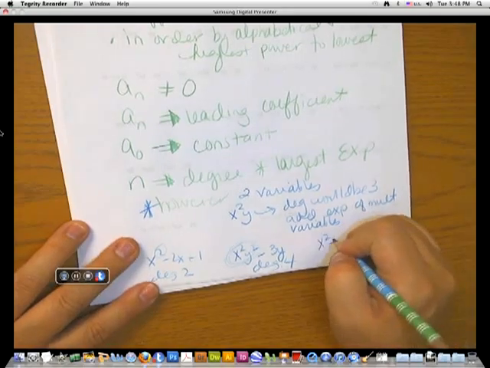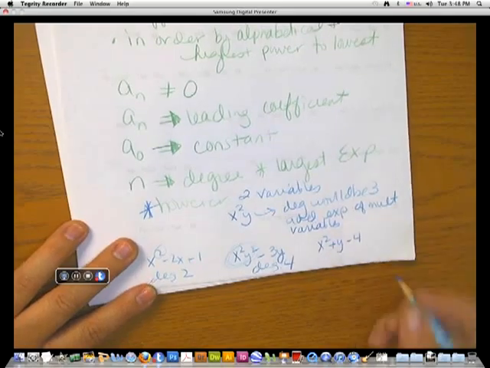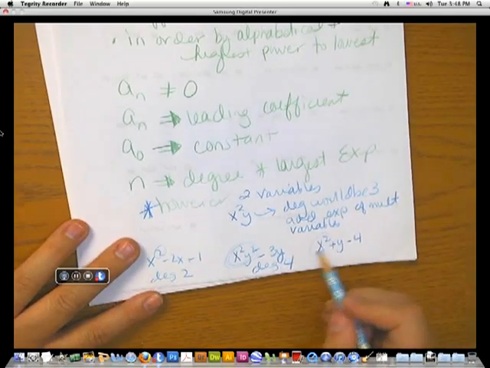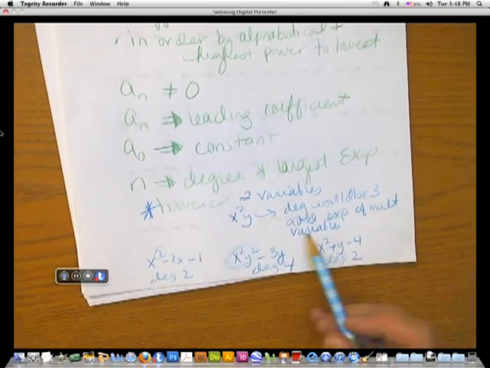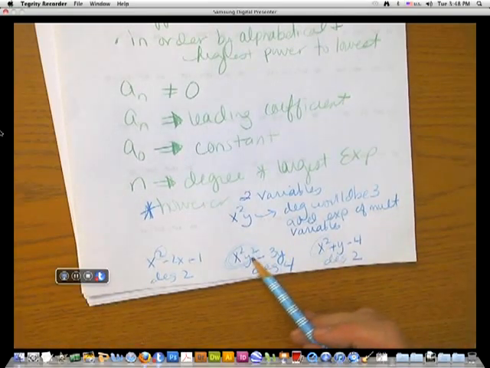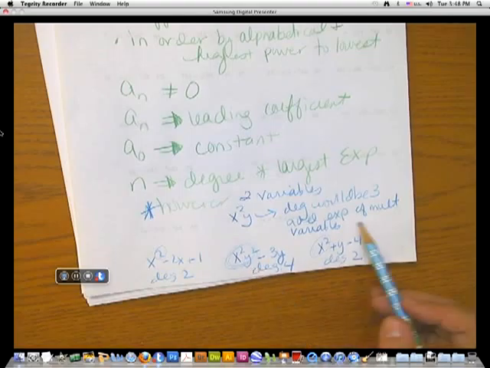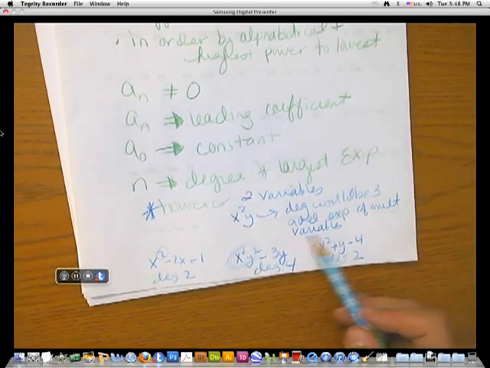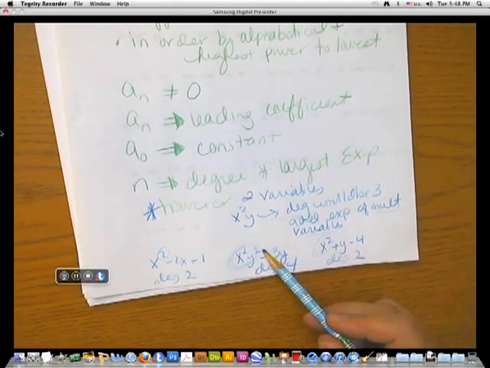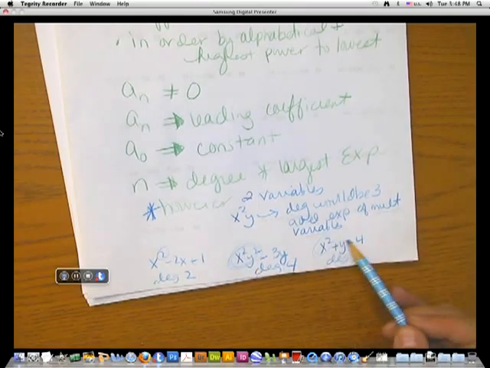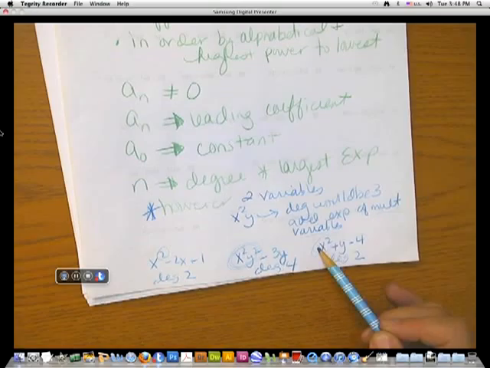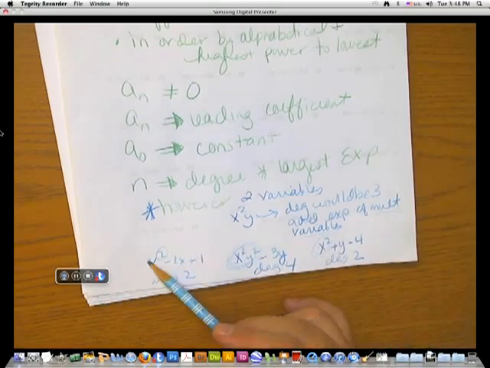If I have x squared plus y minus 4, the degree is still only 2. Only if the variables are multiplied would I add my exponents. These are not multiplied, so I don't add them together.